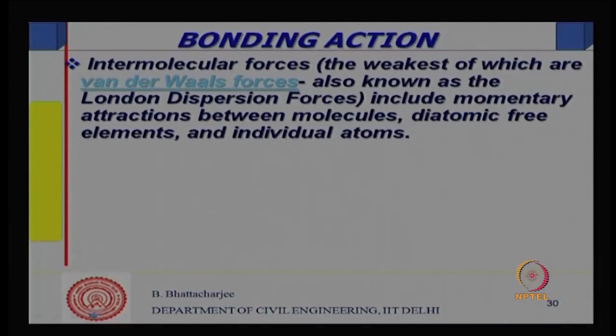This is not a chemical bond, because the gel is C-S-H, another C-S-H, and there are intermolecular forces between the C-S-H gel system. So, the bonding action of these intermolecular forces is generally weak, not very strong. We have seen that it is of the order of about 7 MPa, but the actual bond could possibly be more than that. Well, cement to cement bond is because of this.